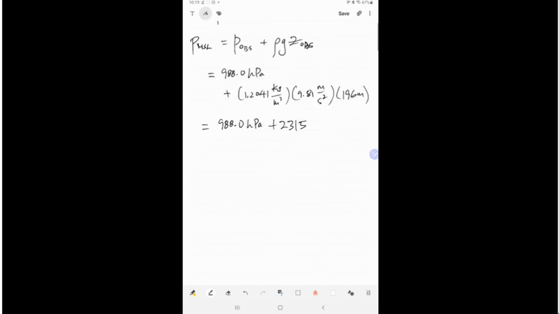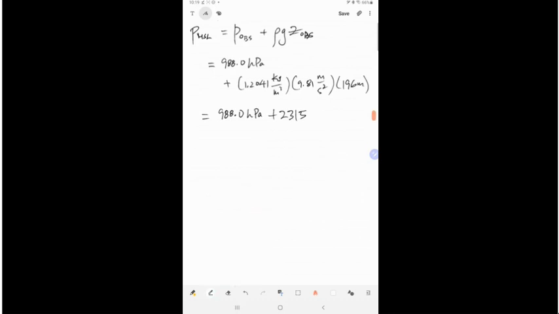And now things get interesting, because we've got all these funny looking units here. So let me just have a little bit of a side discussion with you about units. And maybe I'll even do this in a different color just so that it is very clear that this is a little bit of a side discussion.